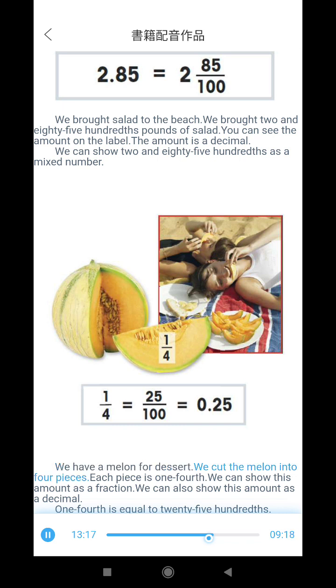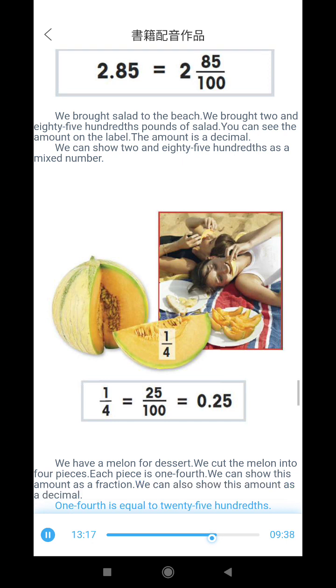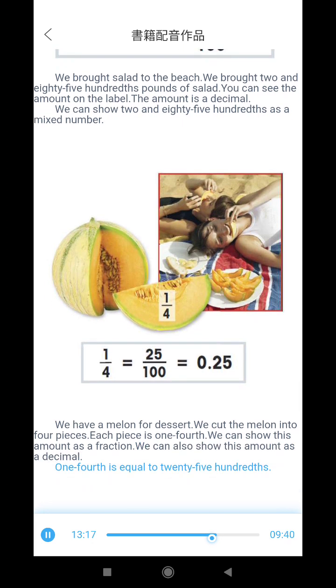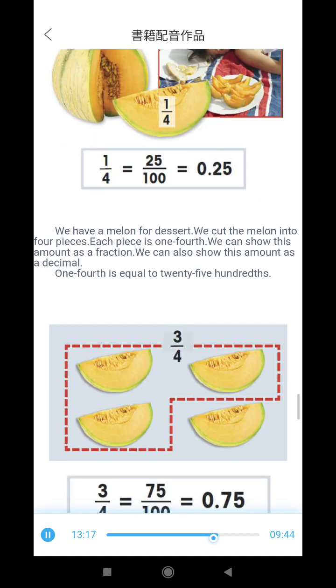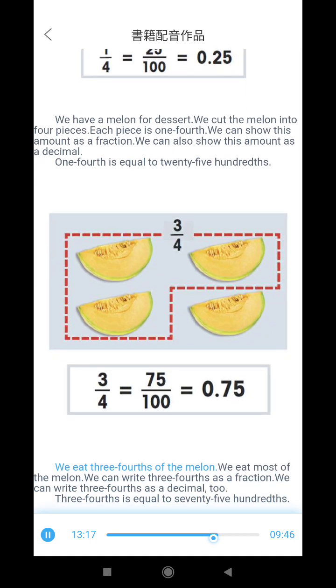We have a melon for dessert. We cut the melon into 4 pieces. Each piece is 1/4. We can show this amount as a fraction. We can also show this amount as a decimal. 1/4 is equal to 25 hundredths.